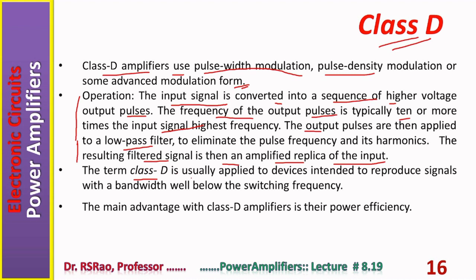The term class D is usually applied to devices intended to reproduce signals with a bandwidth well below the switching frequency. The main advantage with class D amplifiers is their power efficiency.